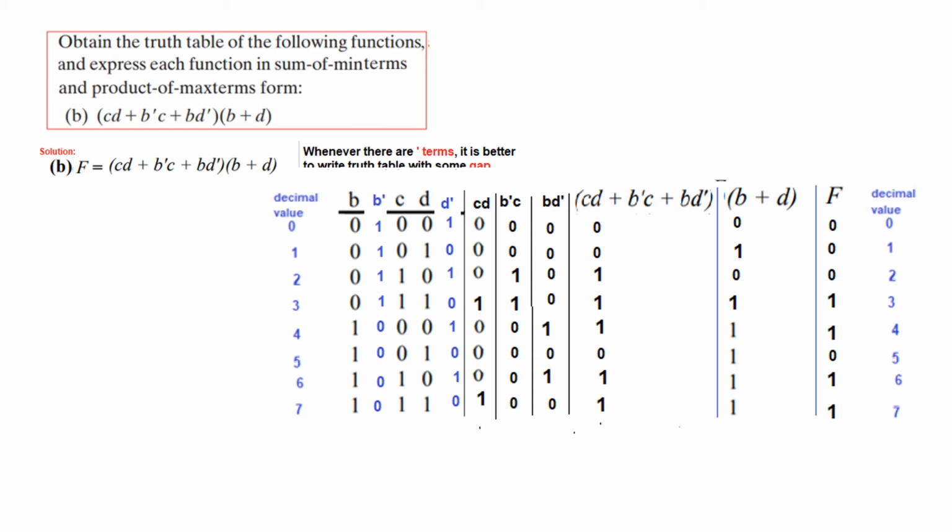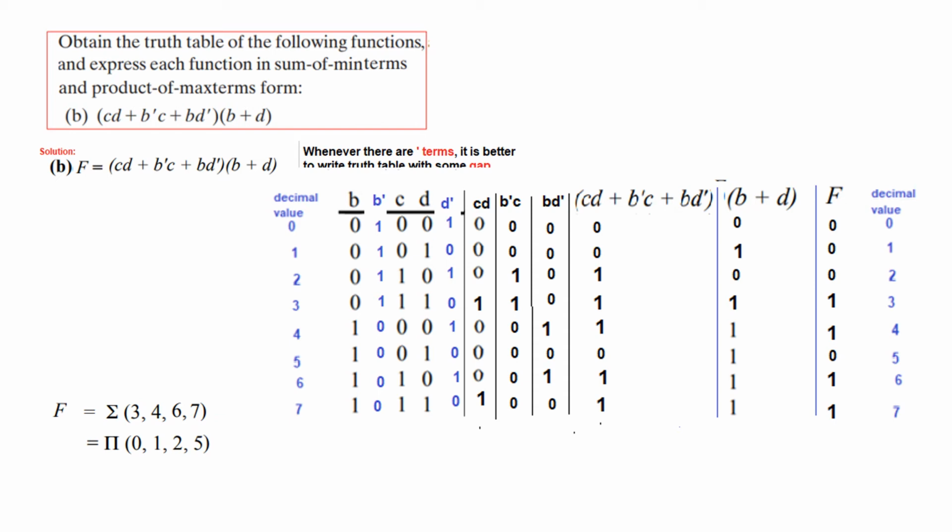And to write the Minterm and Maxterm, we put the equivalent decimal values around both sides, or just one side is enough. And now wherever F is 1, that will be our Minterm. So it is 1 at 3, 1 at 4, 6 and 7. So let's see the answer. So this is summation of 3, 4, 6, 7.